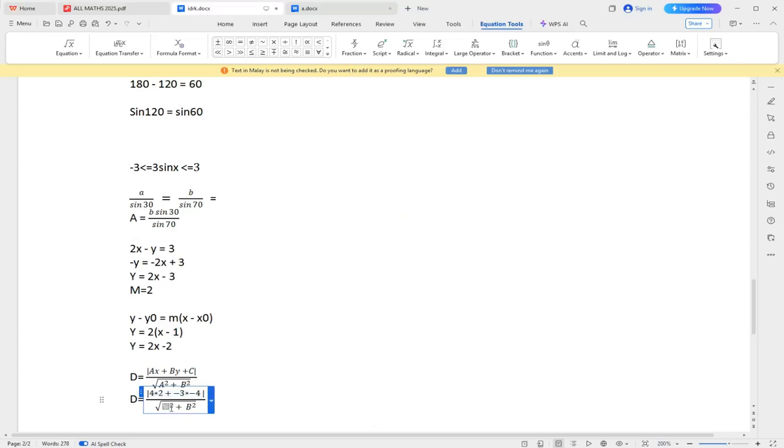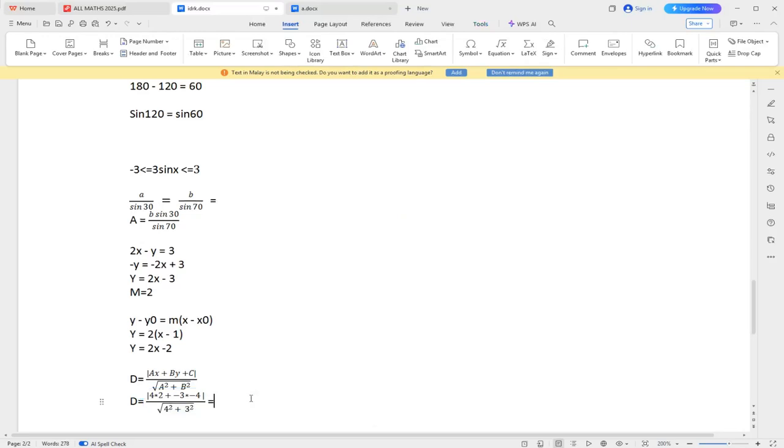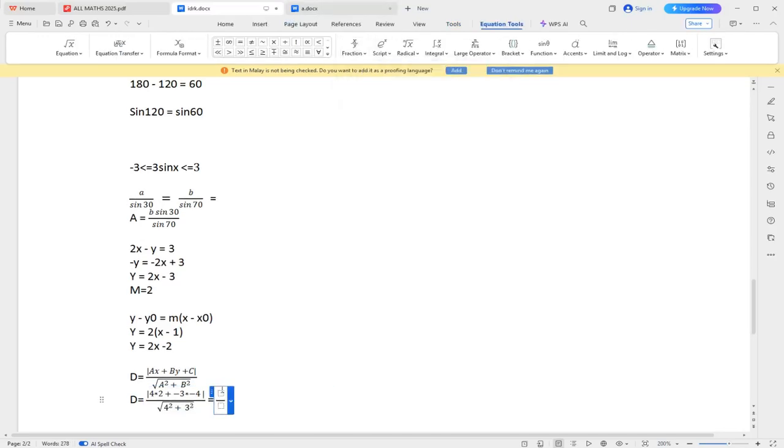Now coming down here, we have a which is 4, and you have b which is 3. This is equal to 4 times 2, which is 8. 8 plus minus 3 times minus 4, which is 12. 8 plus 12 is equal to 20.